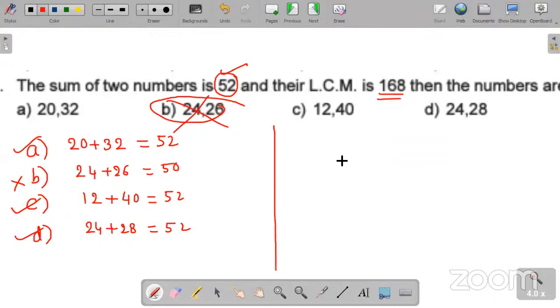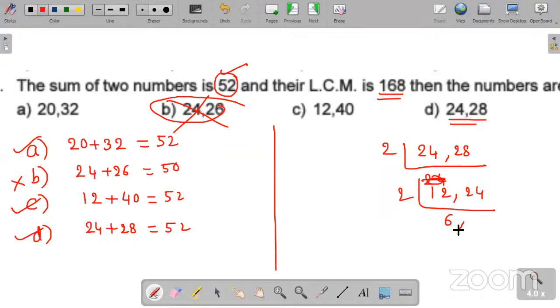LCM 168 we need to find out. Take the numbers 24 and 28 and find the LCM. 2 twos are 4... 2 twelves are 24, 2 fourteens are 28. Next, 2 sixes are 12, 2 sevens are 14. 6 and 7 you will be getting 7.